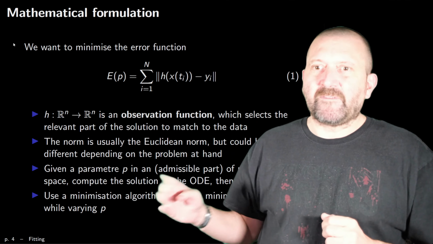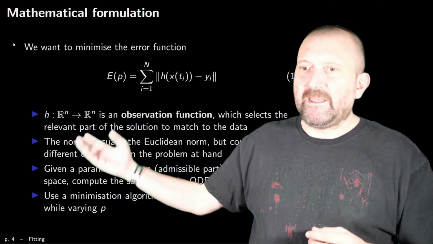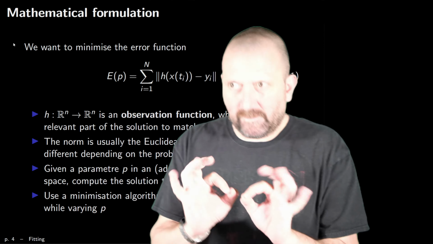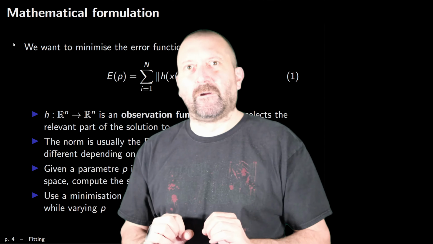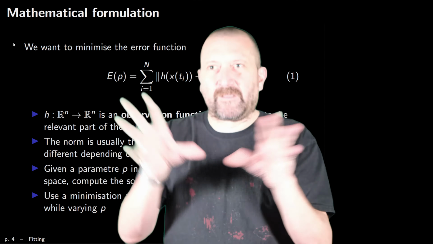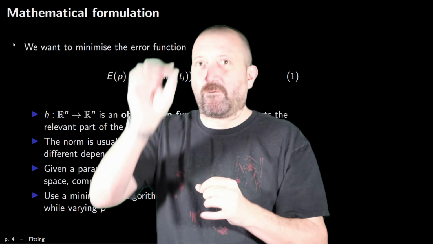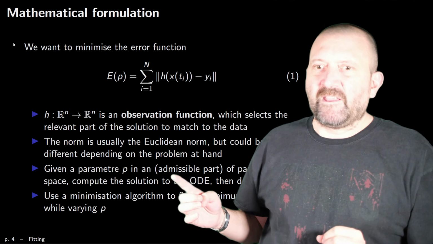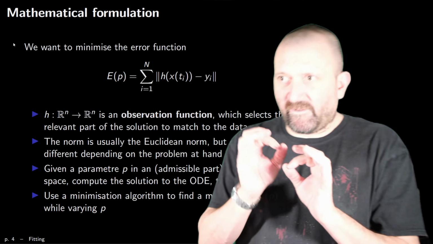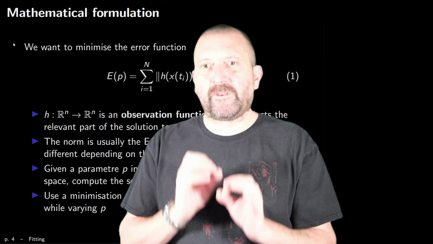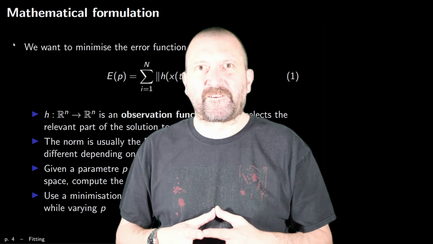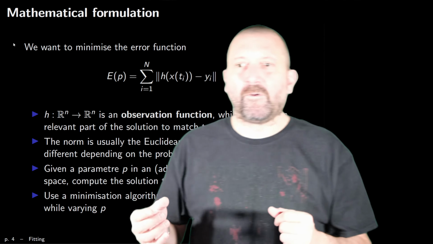If you have a parameter p, then what you do is take a given value of the parameters of your model, a given point in parameter space, and compute a solution to the ordinary differential equation, or system of ordinary differential equations, that makes up your model.